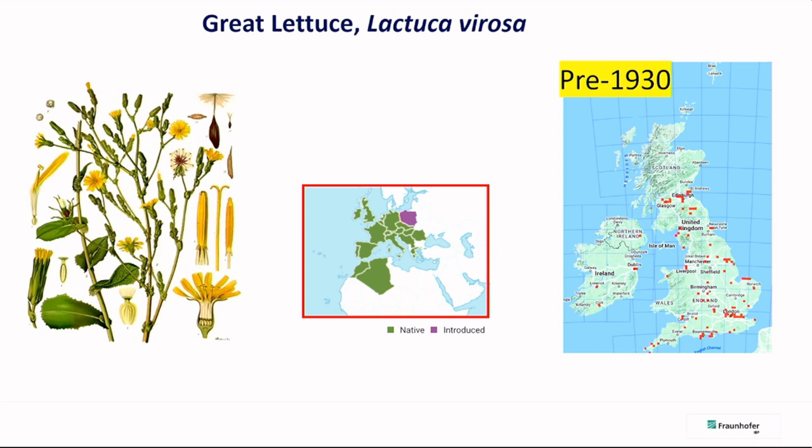You can identify it by its lovely deep purple achenes, and it's very tall, like no other lettuce, and it tends to angle its leaves in such a way to protect itself. And so you can see that it's native over much of Europe and quite a bit of North Africa. And this is how it was in 1930. And you see it's present here in London, in Oxford, and quite a bit in Edinburgh and Glasgow.